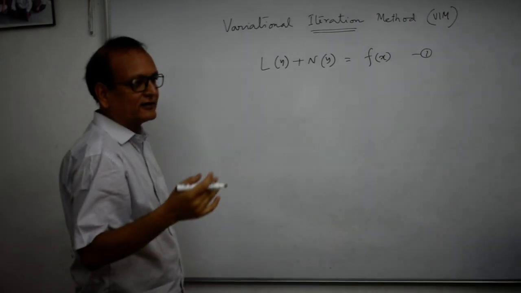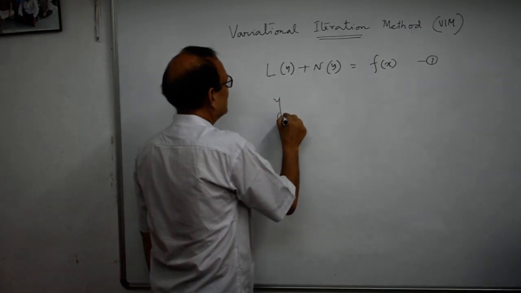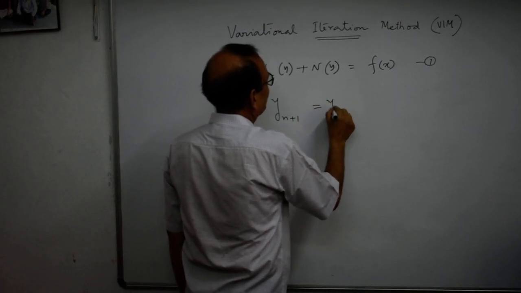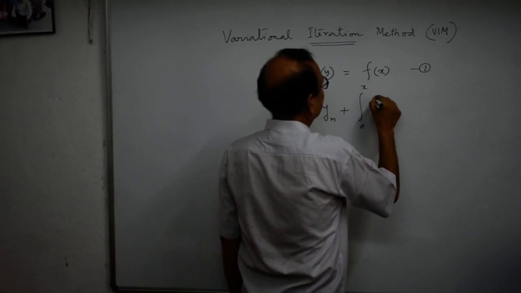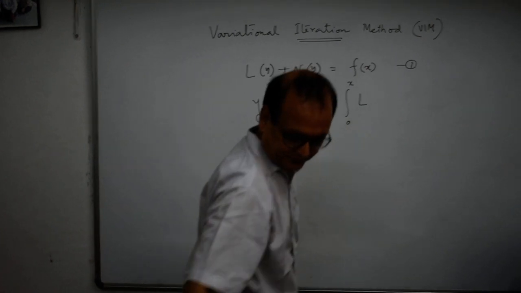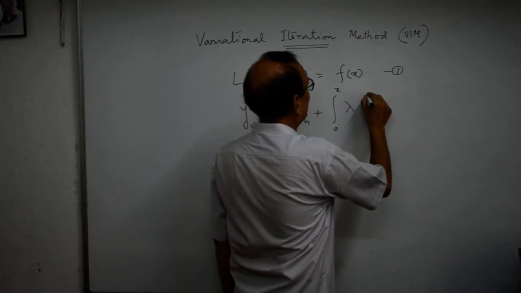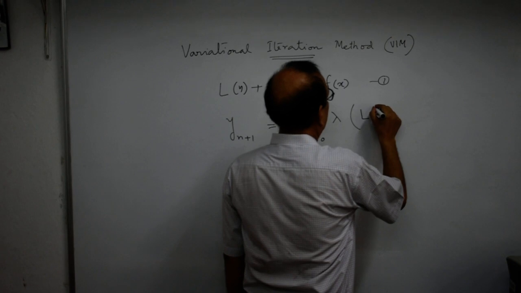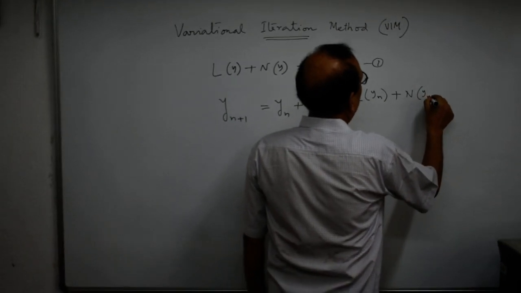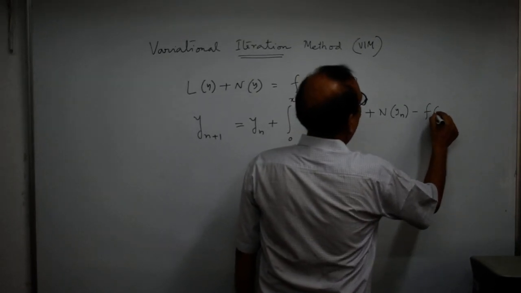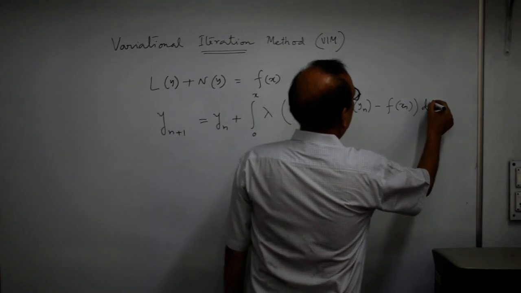Like many other iteration methods, this gives the result in the form y_{n+1} = y_n + integration from 0 to x of lambda times [L y_n + N y_n tilde - f(x_n)] d tau.